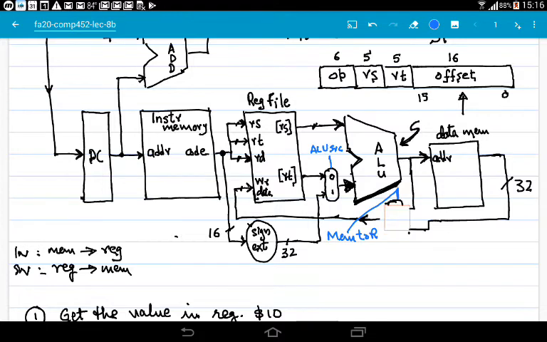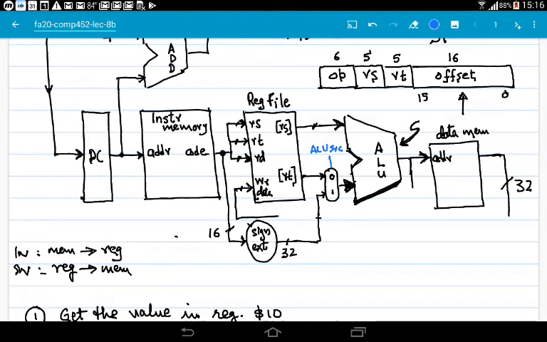Let's erase this and also this. I'm sorry, this is the first time I'm drawing it by hand.